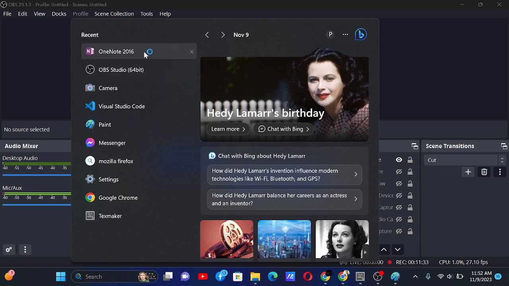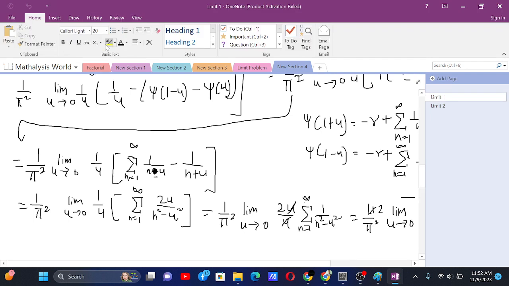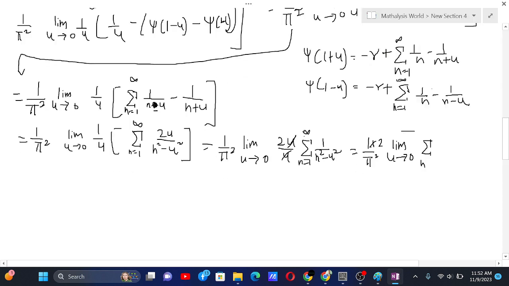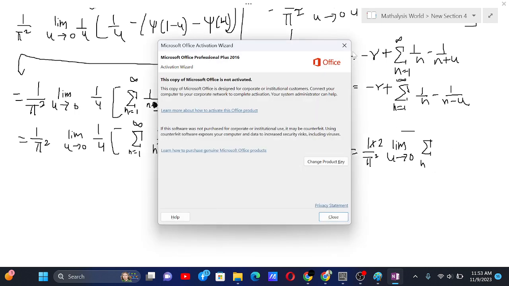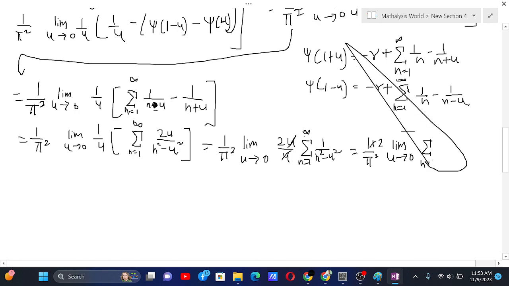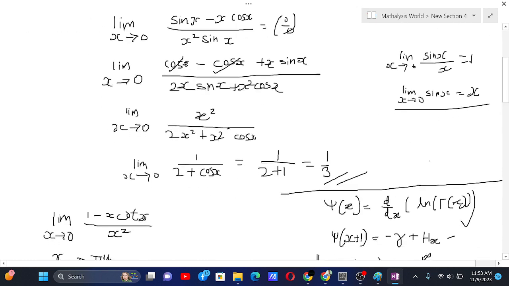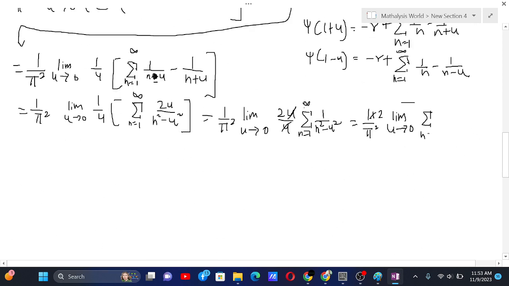So n equals 1 to infinity 1 by n square minus u square. So this is 2 by pi square, and if we substitute u as 0, this is just the Riemann zeta function of 2, which is pi square by 6.